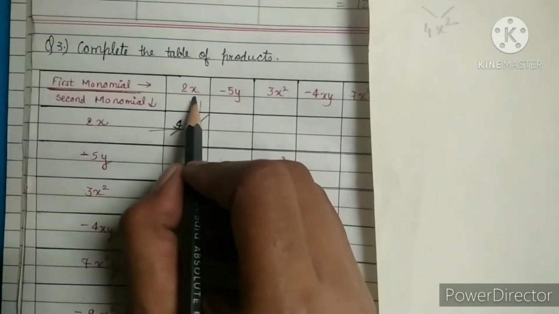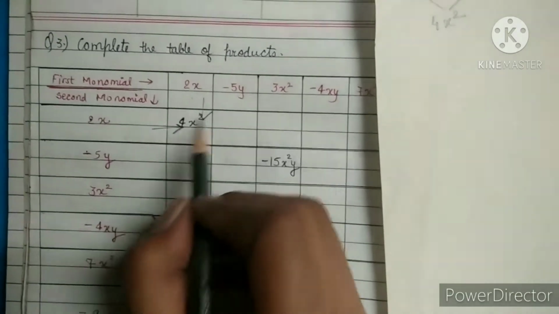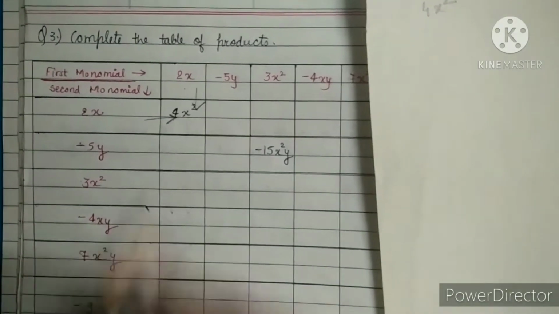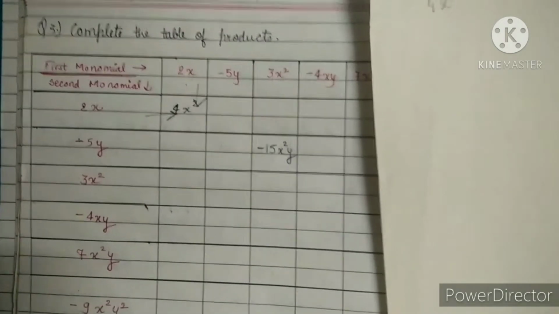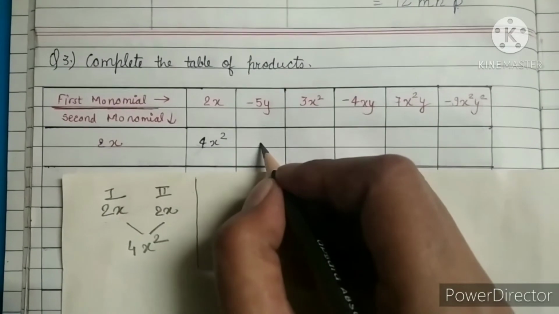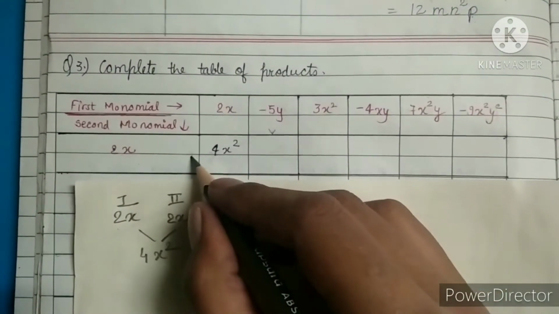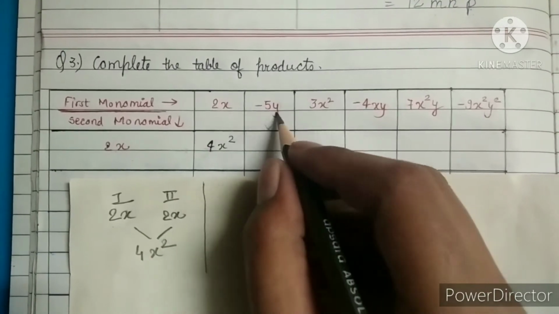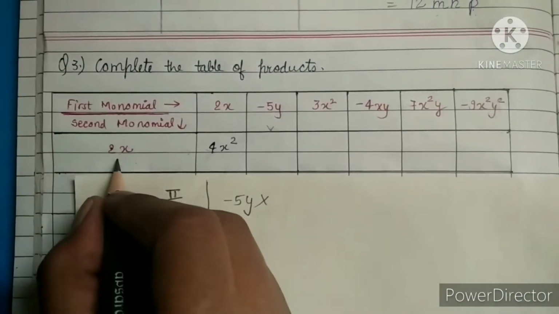It means we have to multiply the first monomial by the second monomial and we will get our table cell content. Let's do it. Now for this cell. This cell is the intersection of this column and this row. In this column the first monomial is minus 5y and it will multiply by 2x.